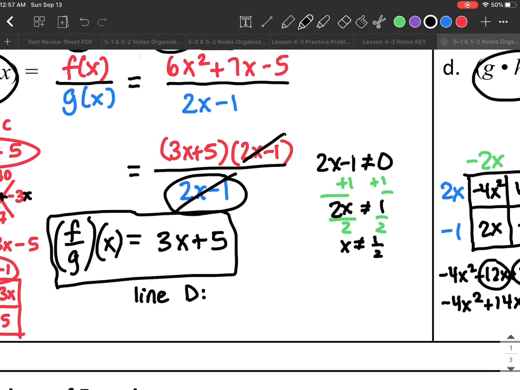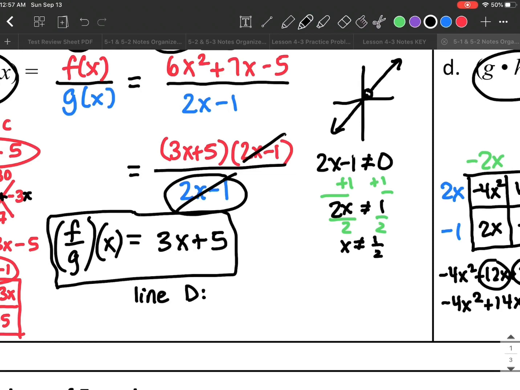So it'll look something like this on the graph. It'll look like, and then at 1/2, it's going to just stop, and then it'll continue. So there'll be a hole there, or an open circle, like that. So, what am I saying?